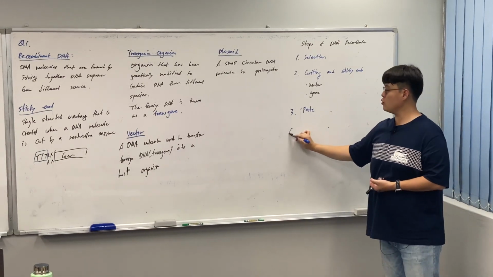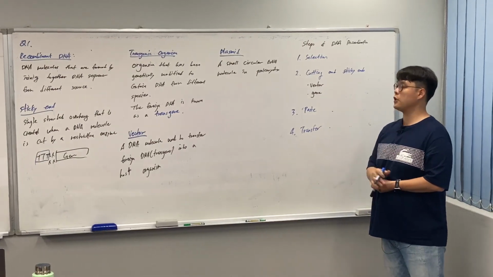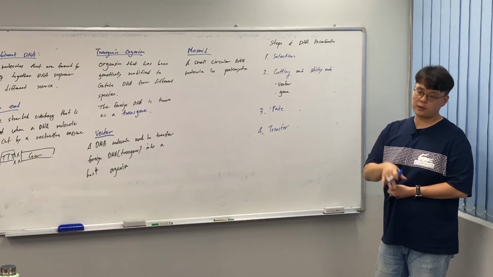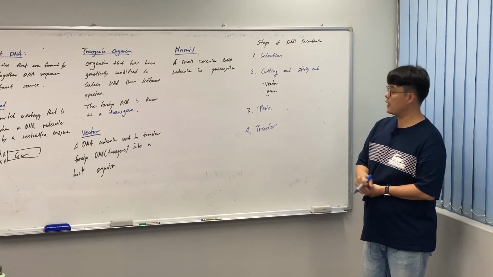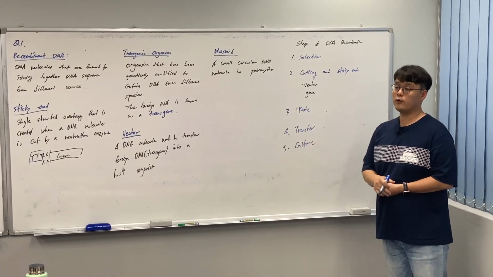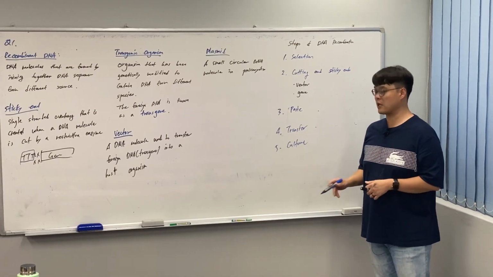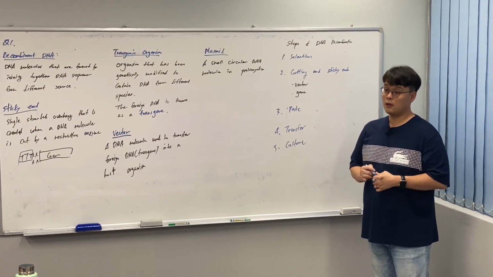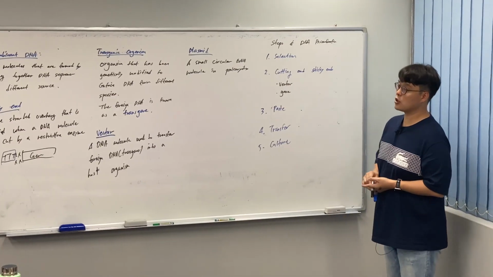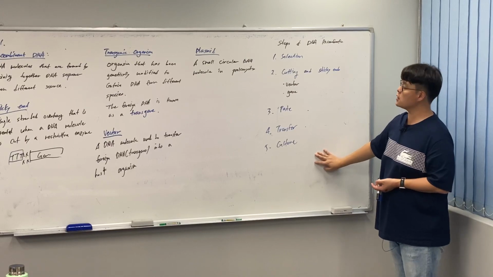After that, you transfer into the new bacterium. After that, you culture. You're going to get more copies of that, and then utilize it after this. So how many steps in general? We have 5 steps of the recombinant DNA technologies.